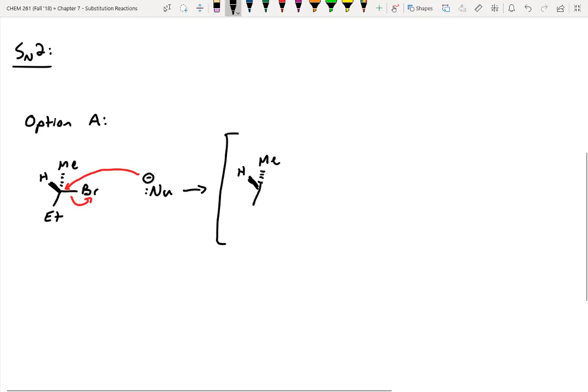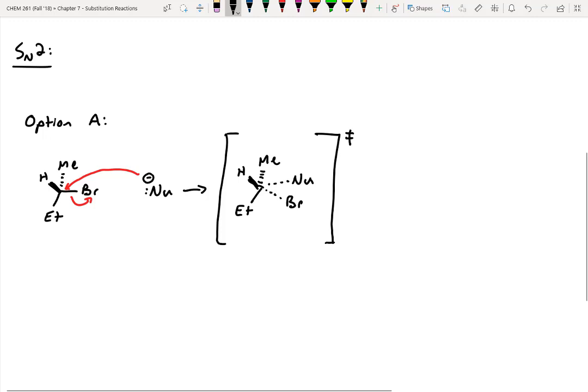So let me draw the rest of it in. Okay, if our leaving group's falling off, I'd show this as a dash. And if our nucleophile is making a bond, I would show that as a dash as well. Are there any partial charges in this transition state?